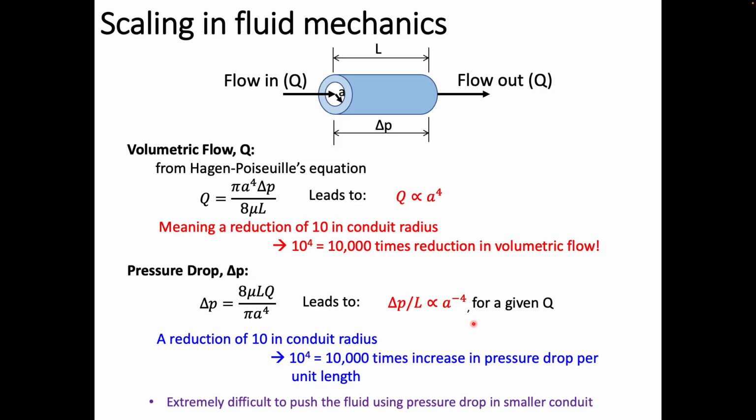If you are dealing with a pipe of micron size or even nano size, imagine how much pressure drop is going to happen in that pipe. For those applications, you cannot really use a pump, because you would need a very strong pump to drive flow in a tiny channel.